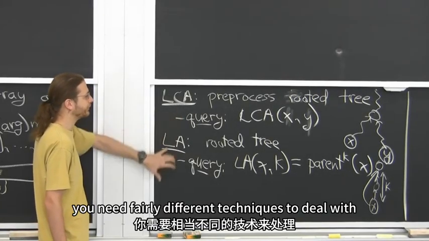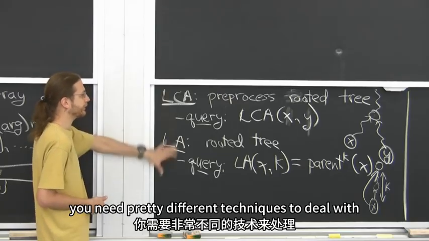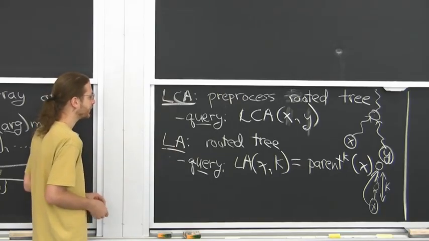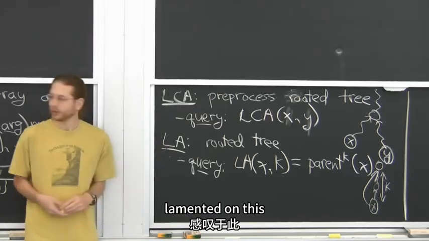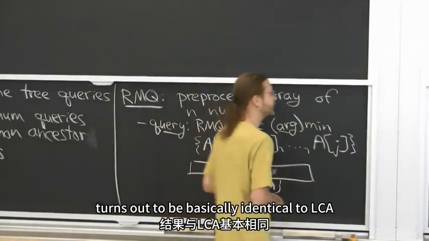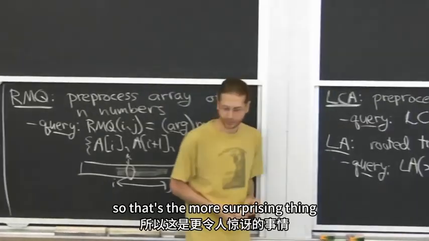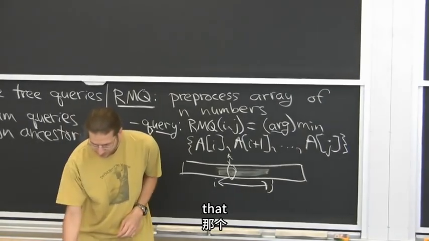As far as anyone knows, you need pretty different techniques to deal with both of them. The original paper that solved level ancestors kind of lamented on this. RMQ, on the other hand, turns out to be basically identical to LCA. So that's the more surprising thing, and I want to start with that.